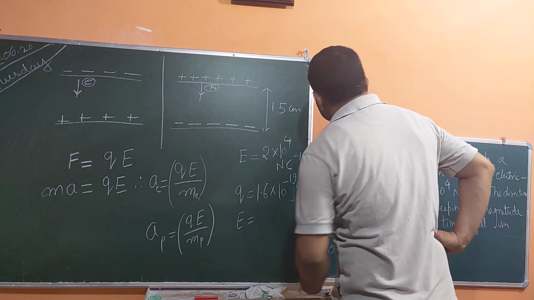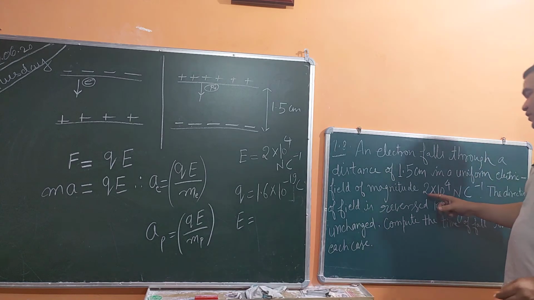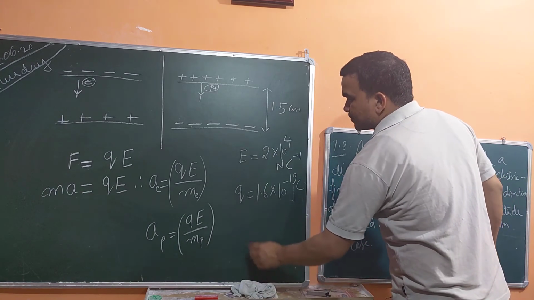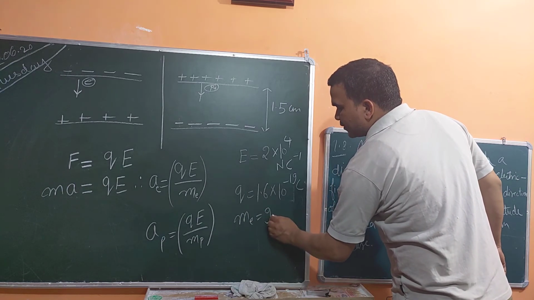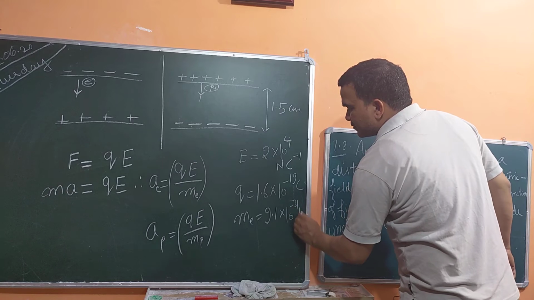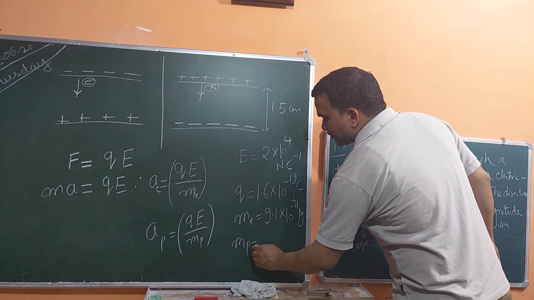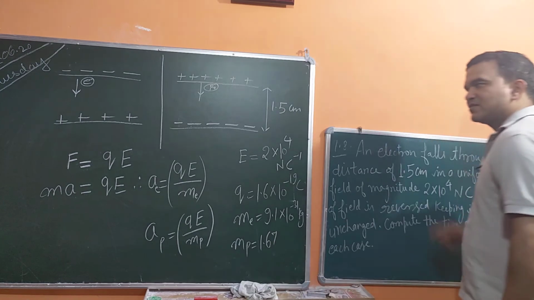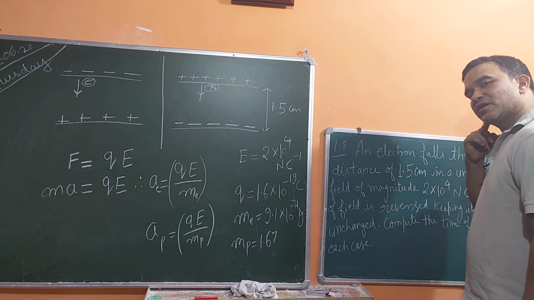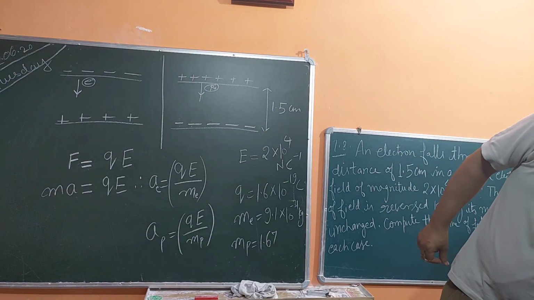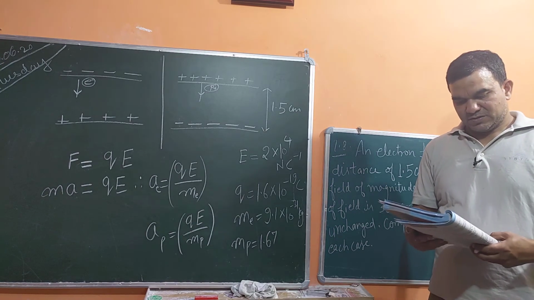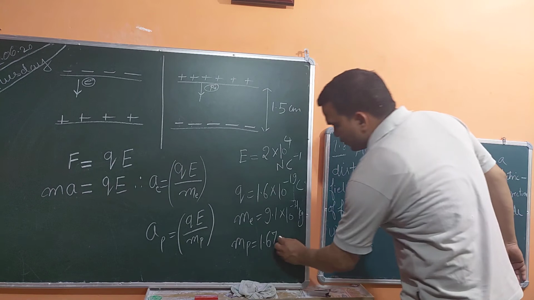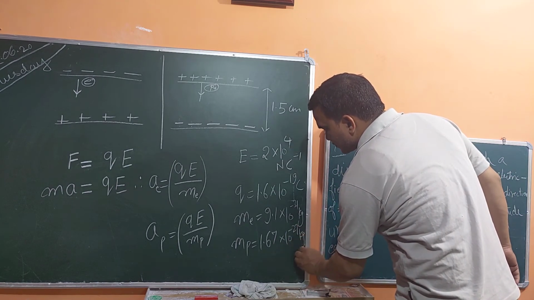E is equal to, it has been given, 2 into 10 to the power 4 Newton per Coulomb. m_e is 9.1 into 10 to the power minus 31 kg. m_p, we need to see what is the mass of the proton: 1.67, yes, into 10 to the power minus 27. Cool.